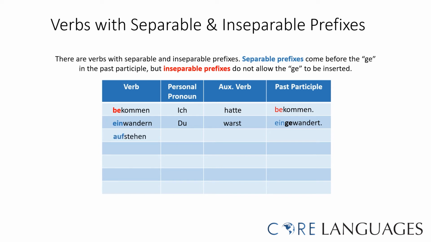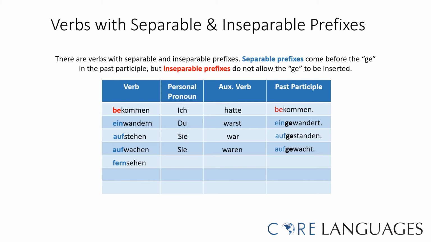Aufstehen is a separable prefix verb, to get up. The past participle of aufstehen is aufgestanden. Aufwachen, to wake up, is a separable prefix verb, and the past participle is aufgewacht.